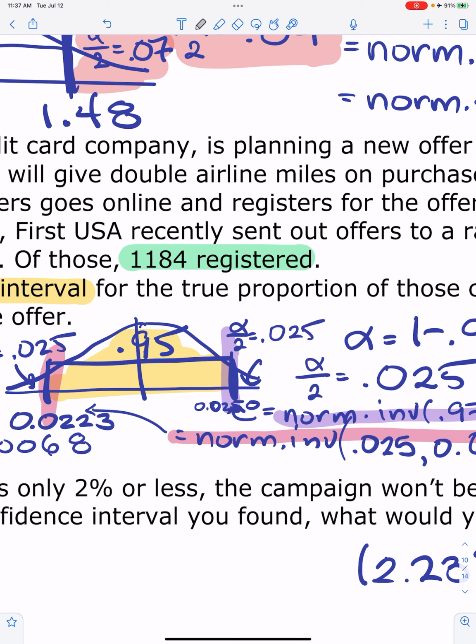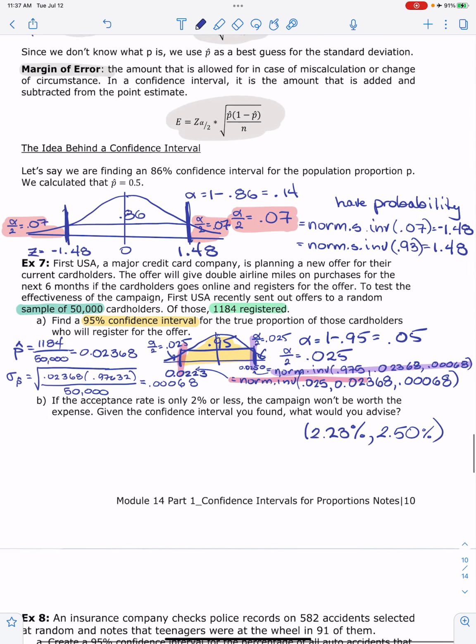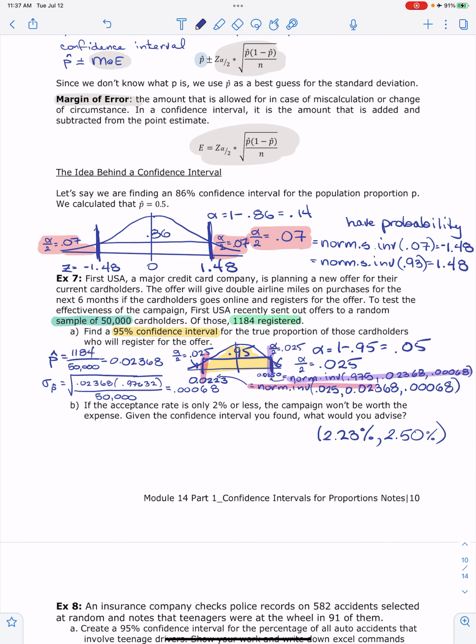Which means my upper bound is 2.50%. So it matches up our 95% confidence interval.